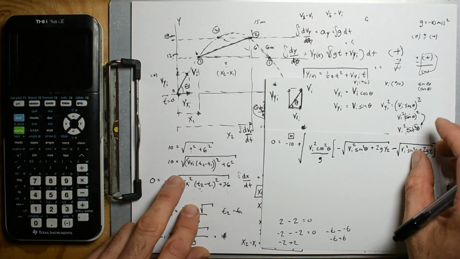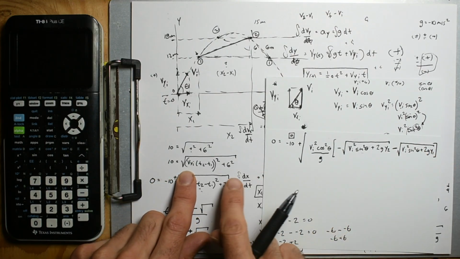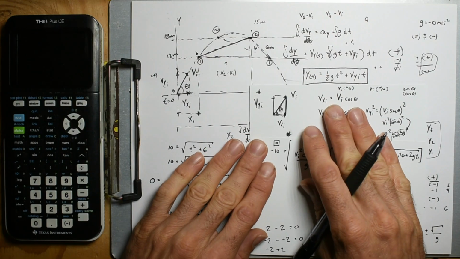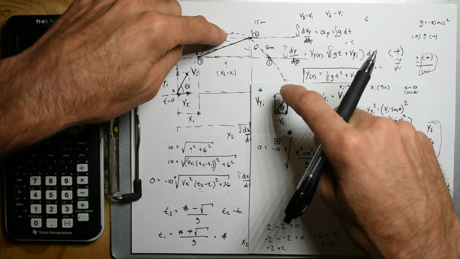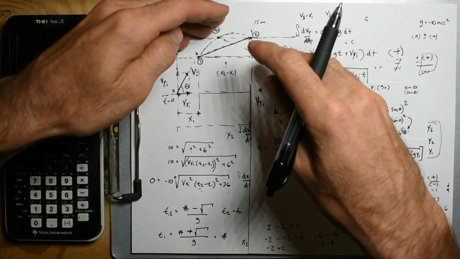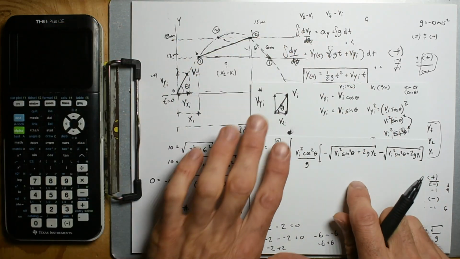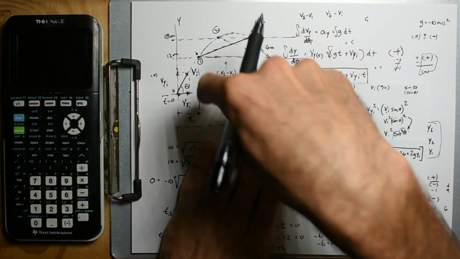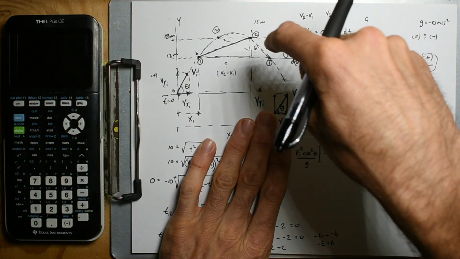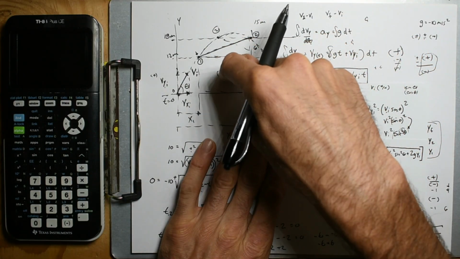So we had the Pythagorean theorem, which said we had 10 squared. I should have done that first, but 10 squared is equal to 6 squared plus this squared.